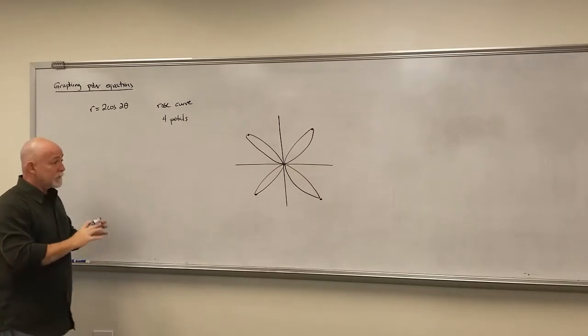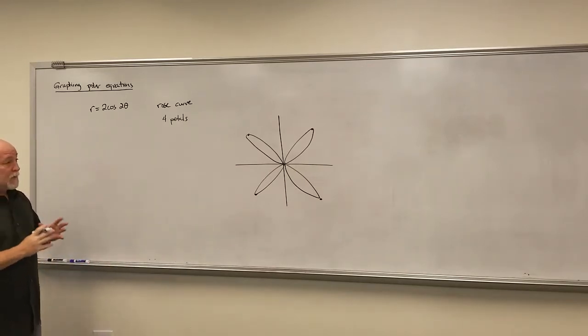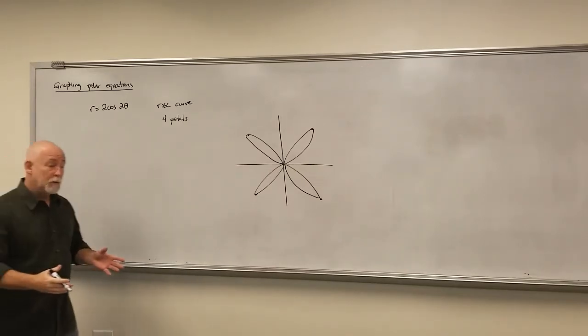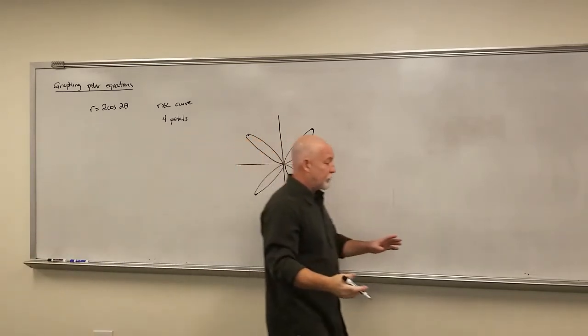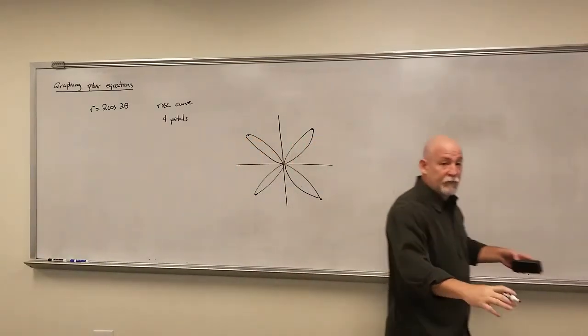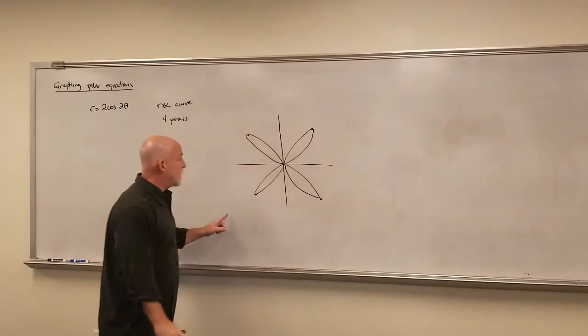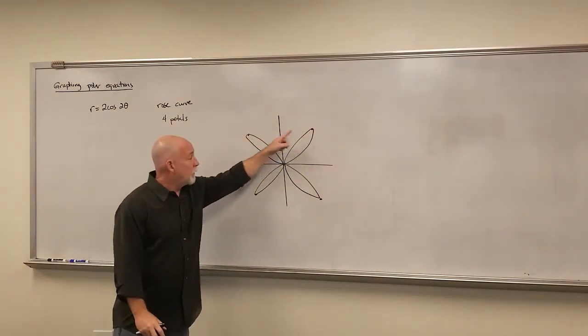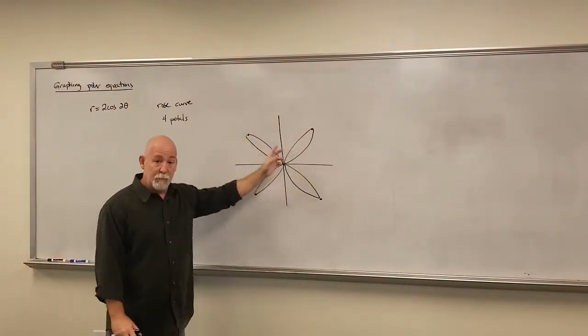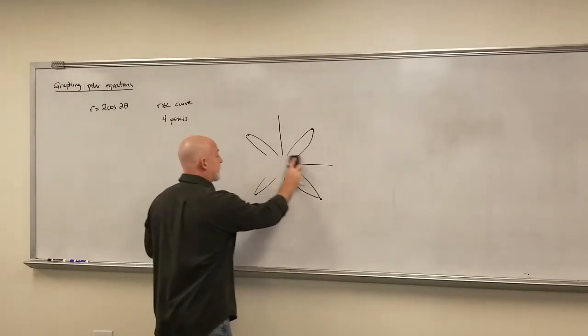Now, that's enough to draw the picture, but that's actually not how the picture would be drawn if it was to draw itself. We'll see how that actually works out here in just a second. So the idea for drawing a rose curve is all we have to do is find the tips of all the petals, and we'll know what the picture looks like.